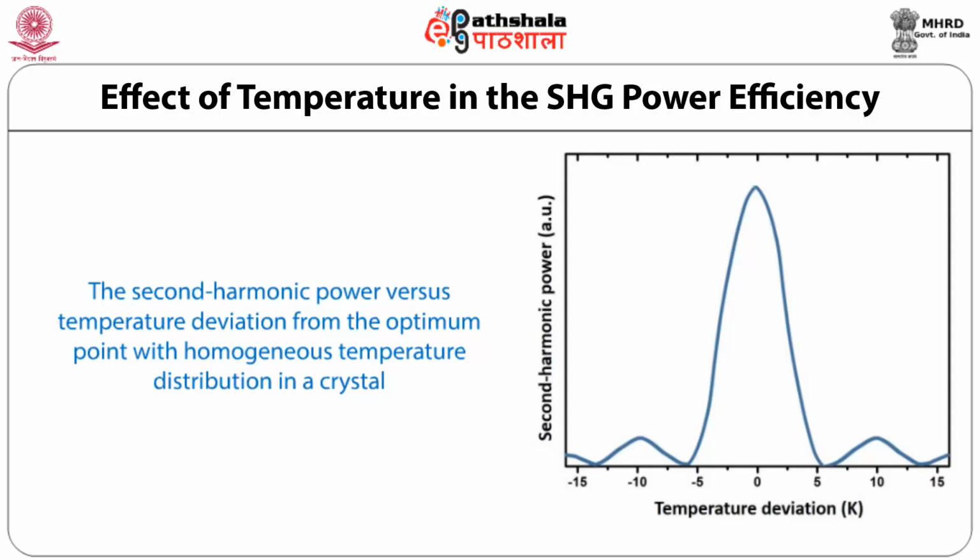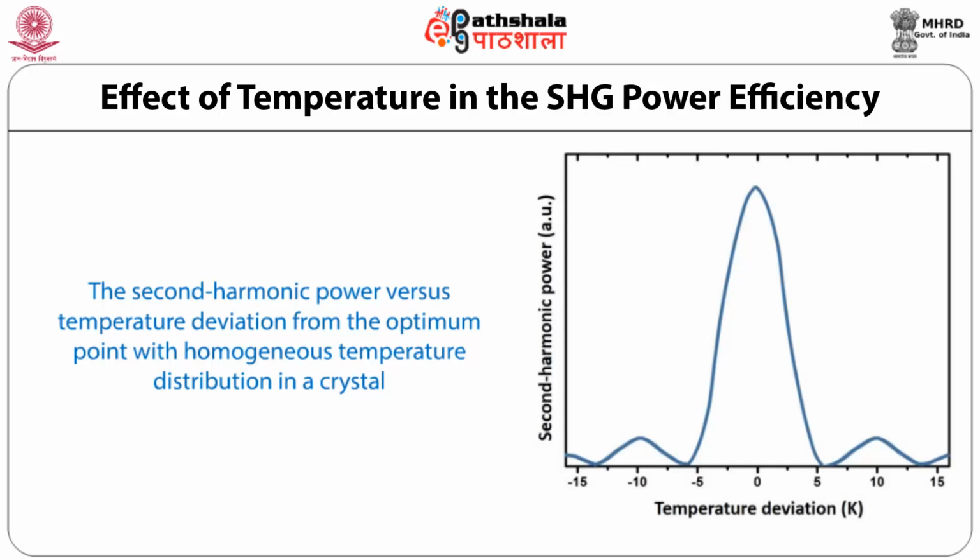The high conversion efficiency is inversely proportional to the crystal length and also relies on the temperature dependence of the refractive indices involved. A similar relationship applies to other nonlinear frequency conversion processes.